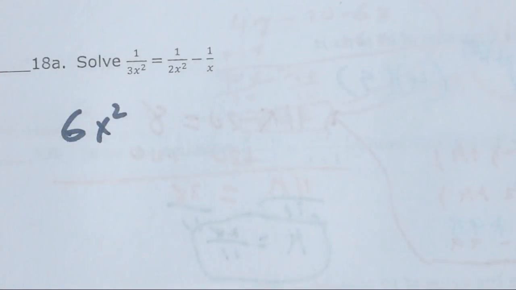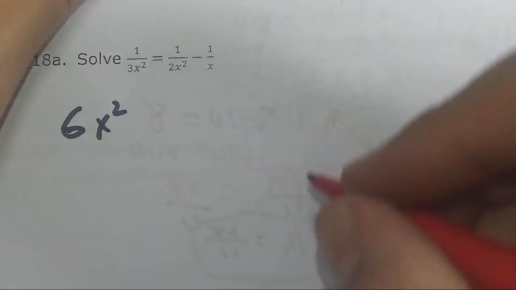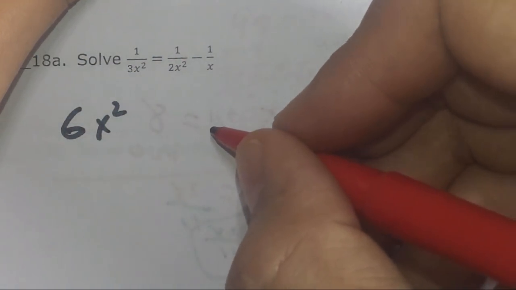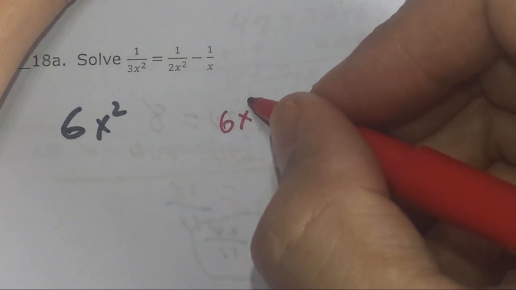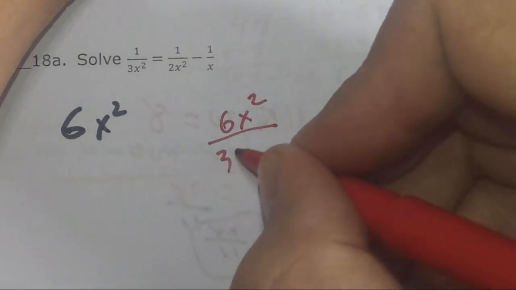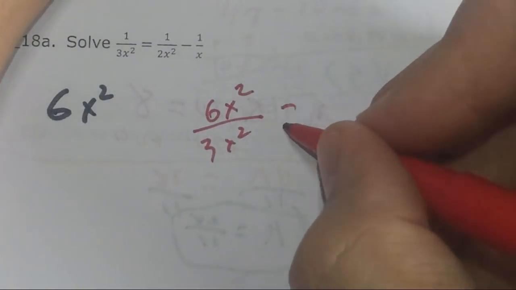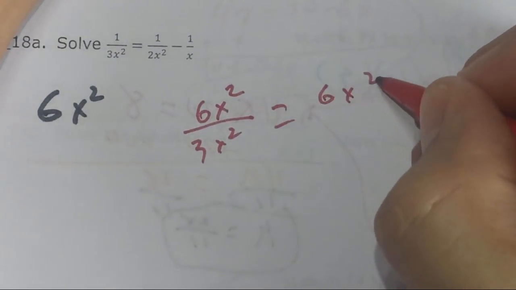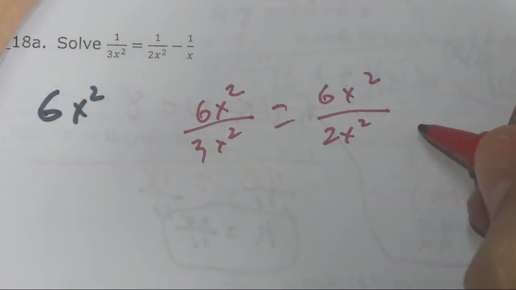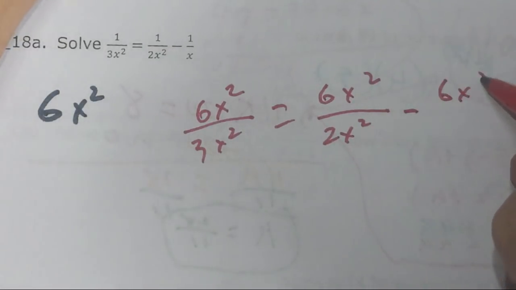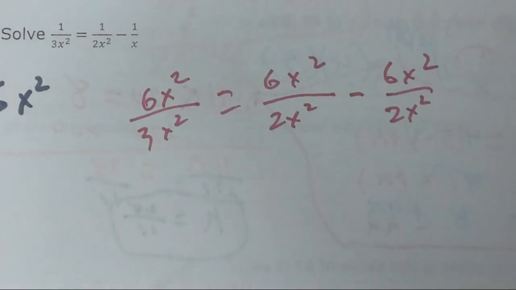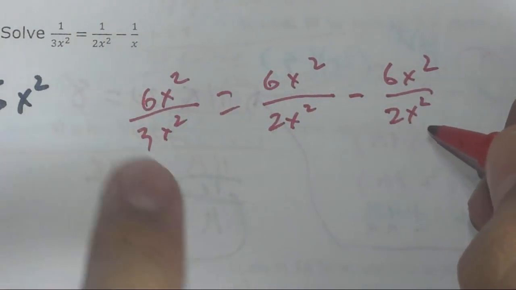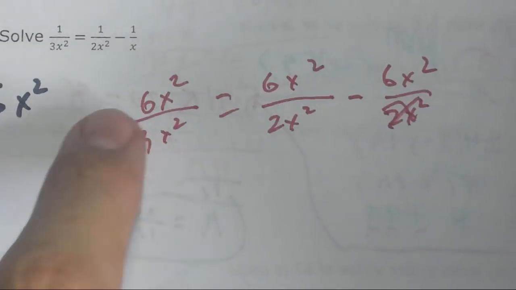That's 6x squared over 3x squared is equal to 6x squared over 2x squared minus 6x squared over x.